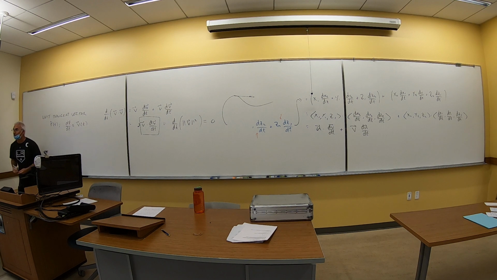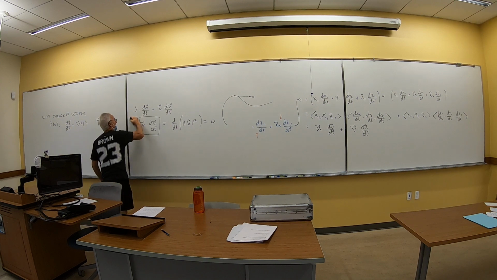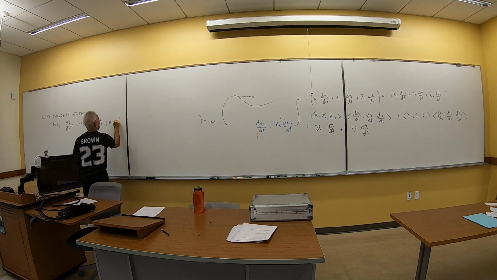That tells me the direction I'm going, but the velocity vector is not a unit vector in general. So I want to make it into a unit vector. So what we do is we define the unit tangent to be 1 over the magnitude of the velocity vector times the velocity vector.